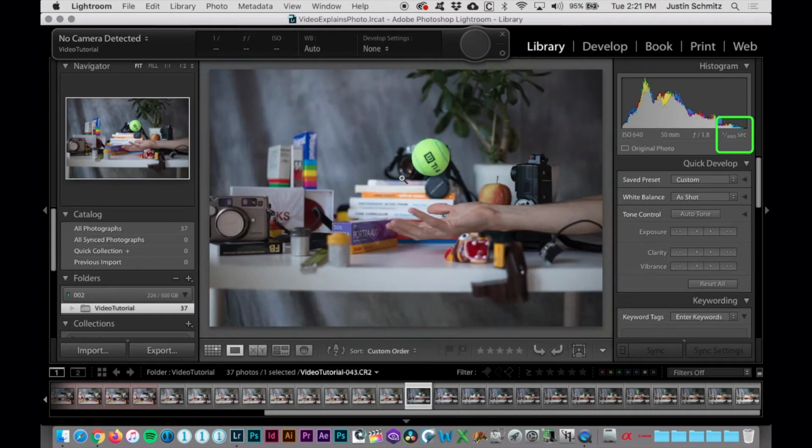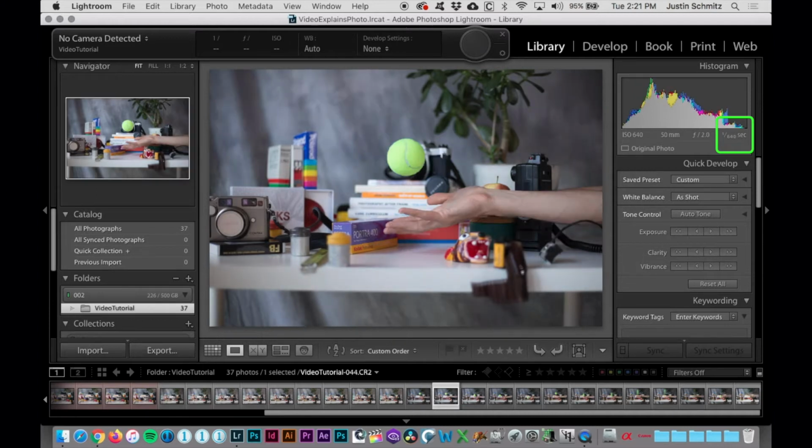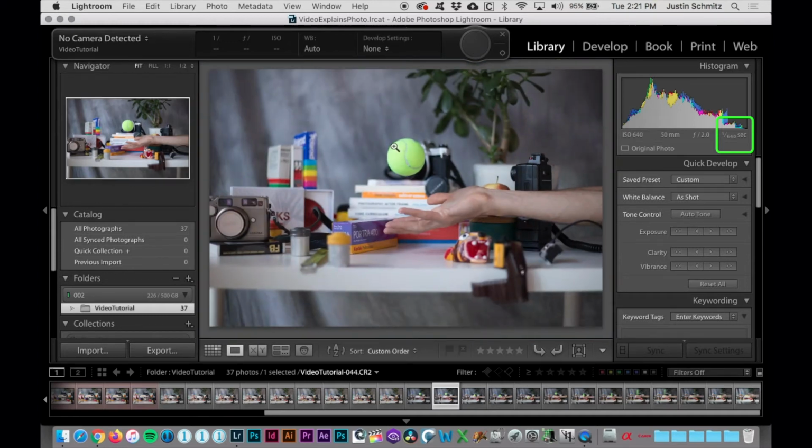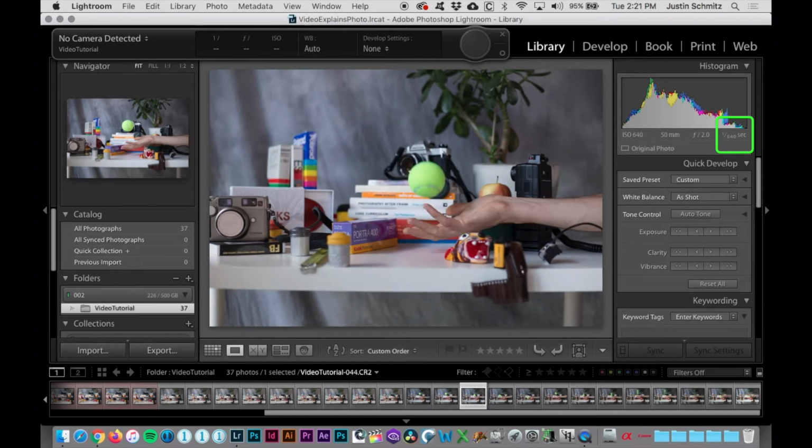We're there at an 800th of a second. You can see at a 640th of a second that I've also stopped the motion. Or I'm a magician and can levitate things. I've stopped the motion with a fast shutter speed. So that really fast 640th of a second has stopped the motion.